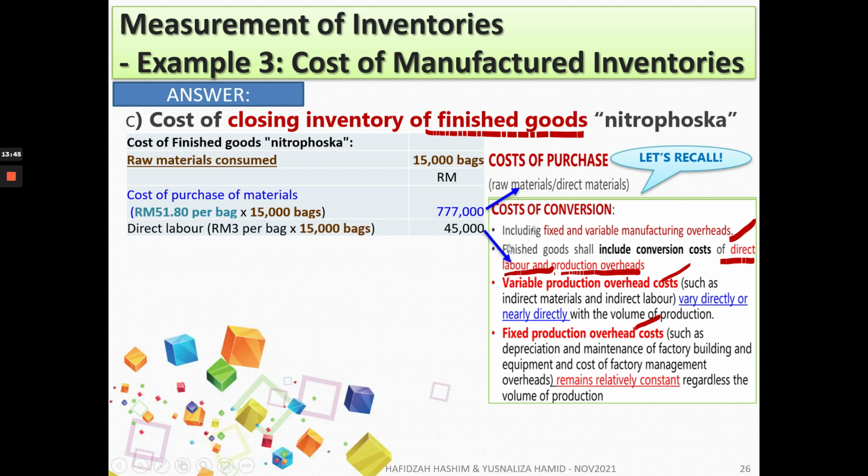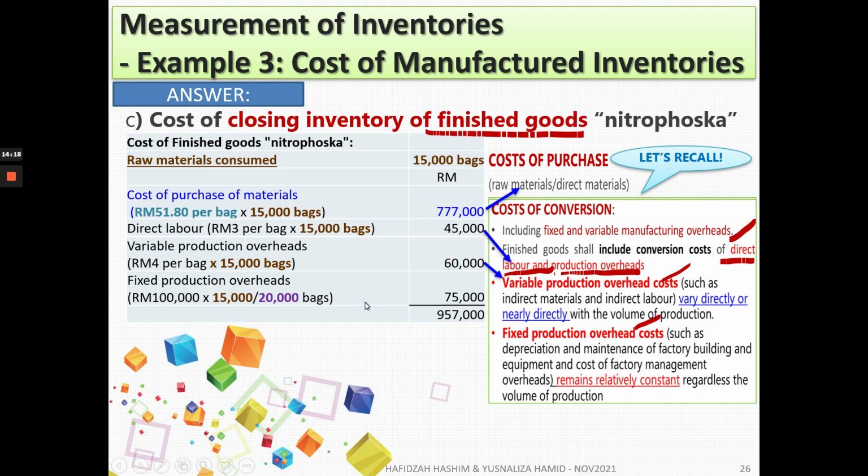Remember, 3 ringgit is the cost of the direct labor per bag, multiplied by 15,000. Remember, this is the 15,000 bags that are being consumed, which was the information given earlier. Next is the variable production overhead, 4 ringgit per bag, times 15,000 bags, which are the raw materials consumed. So that was the variable production overhead.